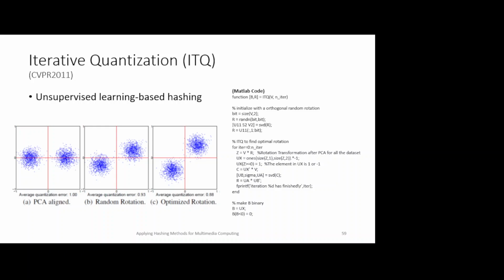So ITQ is trying to find the best rotation angle, and based on that rotation angle do your hash assignment, so you can reduce your quantization error. Any problems? Okay.